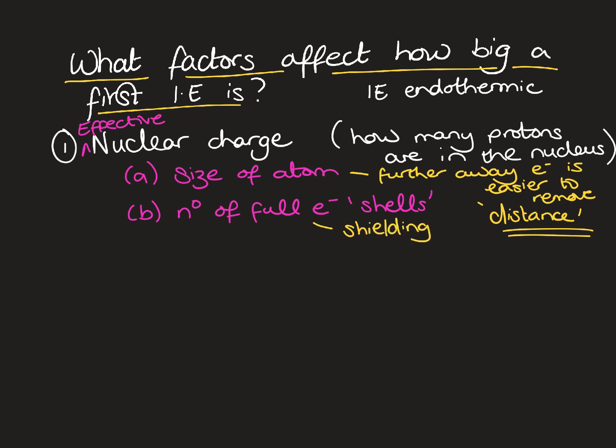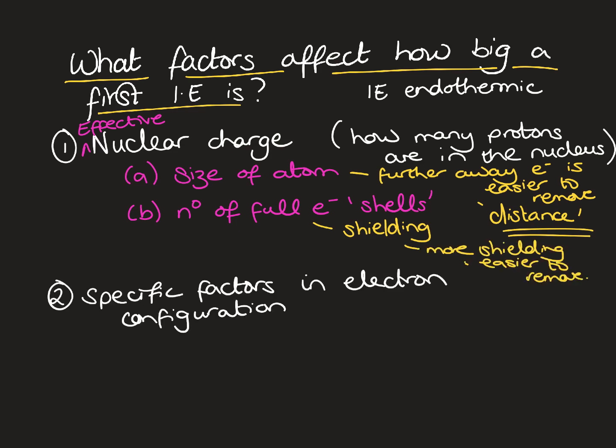Every time there is a full electron shell between the nucleus and the outer electron you're trying to remove, think of it as a force field stopping the power of the nucleus from going past. So the more shielding you have, the less the outer electron is held and the easier it is to remove.